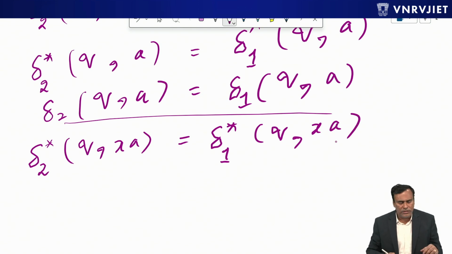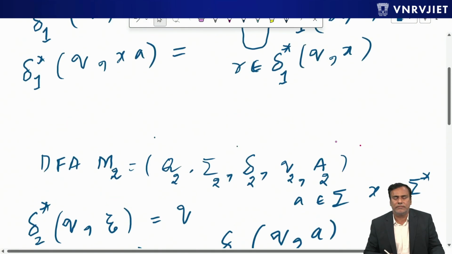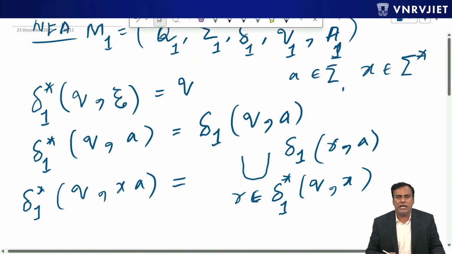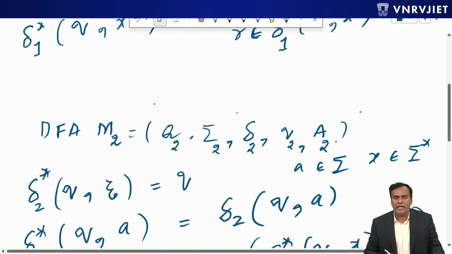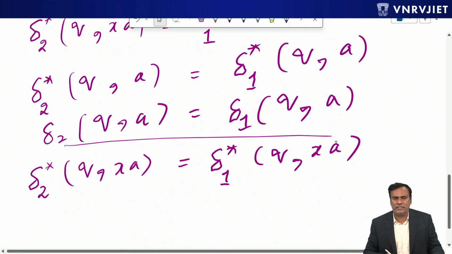And you know the definition of this NFA. In the first slide I gave delta 1 star of Q1 XA, that is M1. Delta 1 star of QXA is equal to the union over R belonging to delta 1 star of QX of delta 1 of RA. So I can rewrite this formula if they both accept the same language.